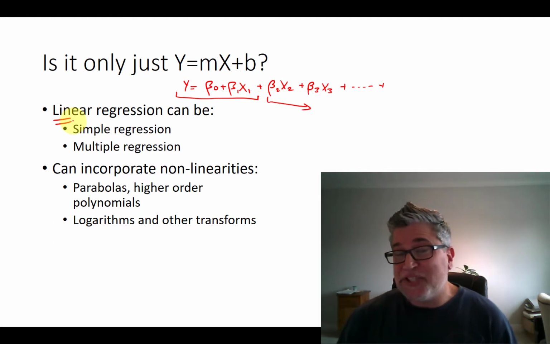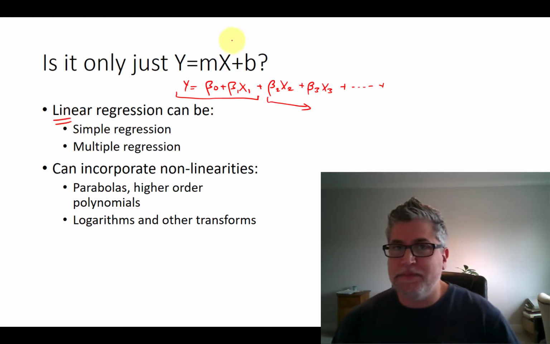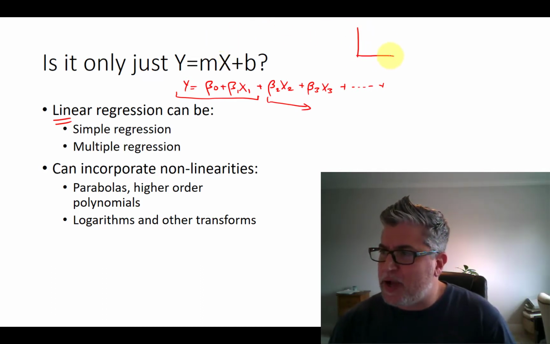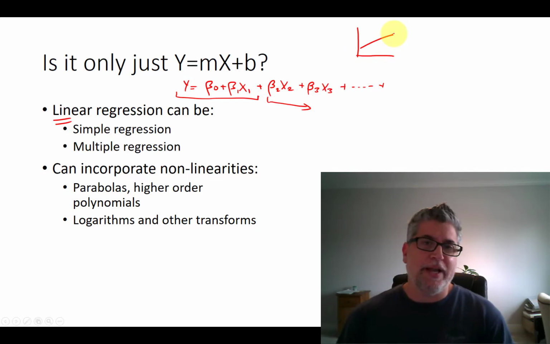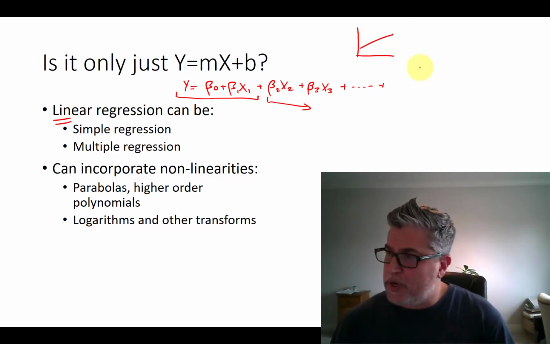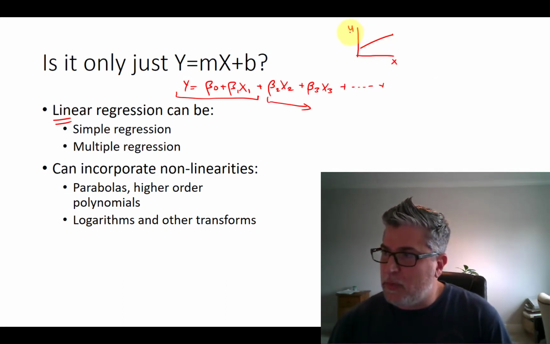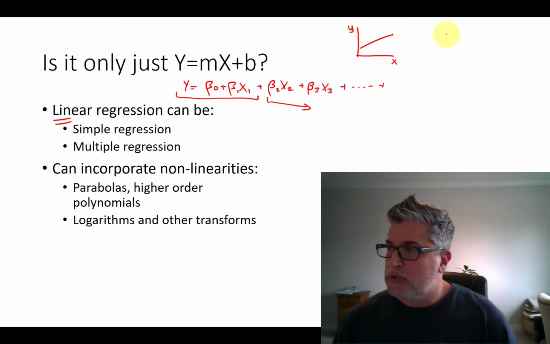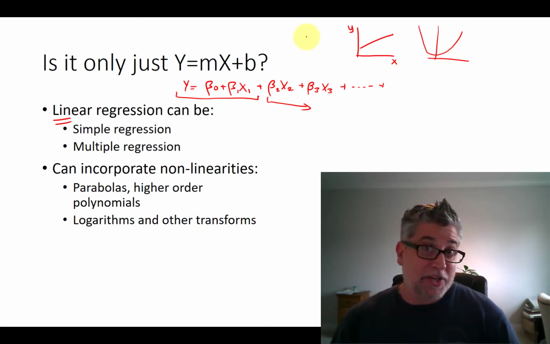Linear actually doesn't, oddly, this is not obvious, describe the straight line. If we have x and y, we can actually use the tools of linear regression to plot a parabola, a second-degree polynomial.